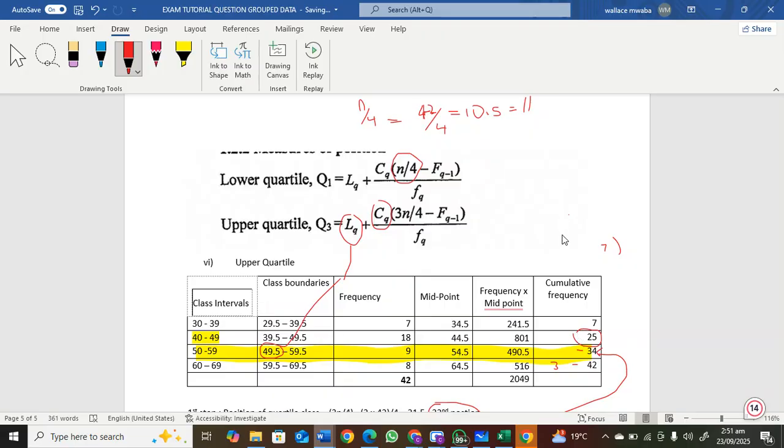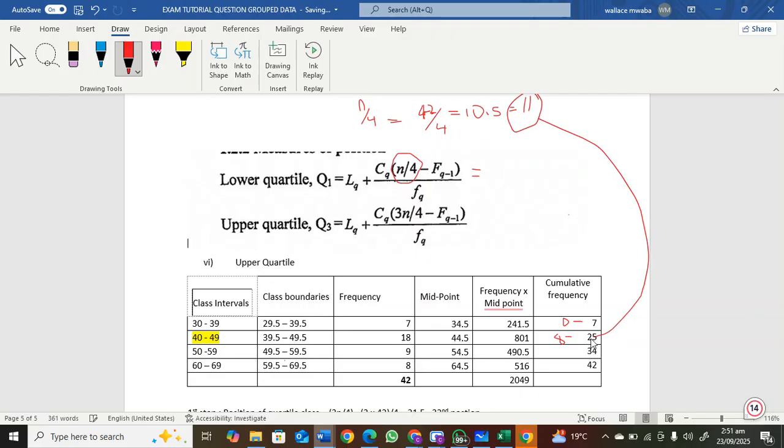This is where we find the 11th position. So meaning our class is this one here.